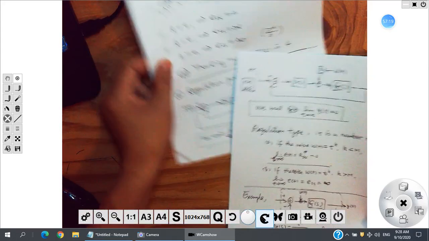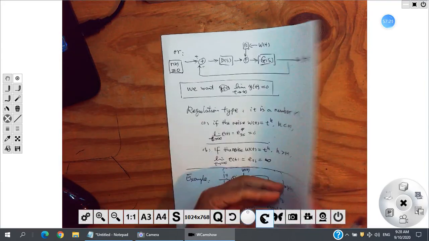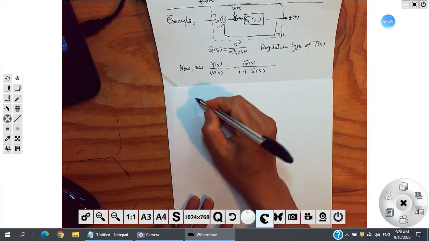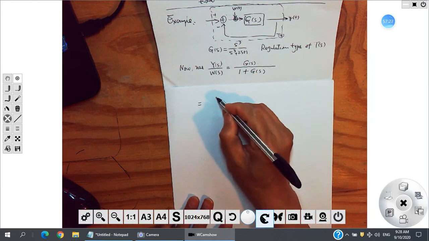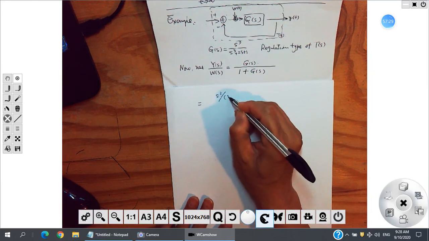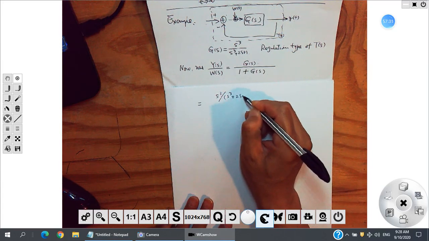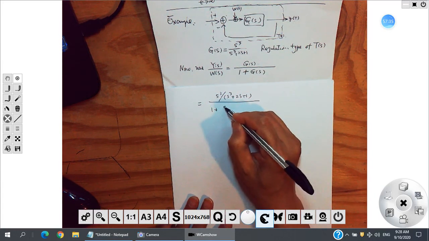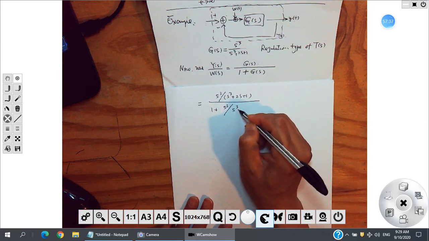And then we do some simplification to find what this one is. G is S cube over S cube plus 2S plus 1. And the denominator is 1 plus S cube over S cube plus 2S plus 1.